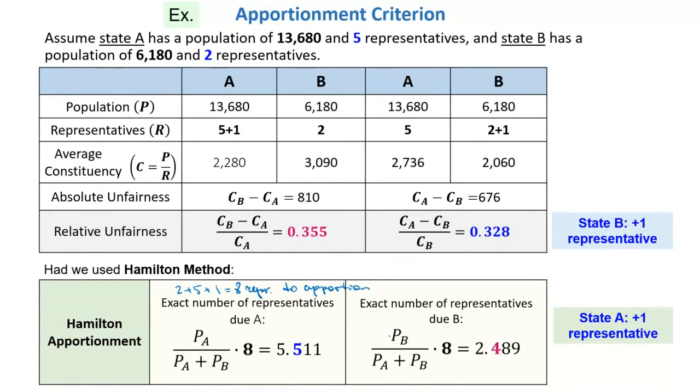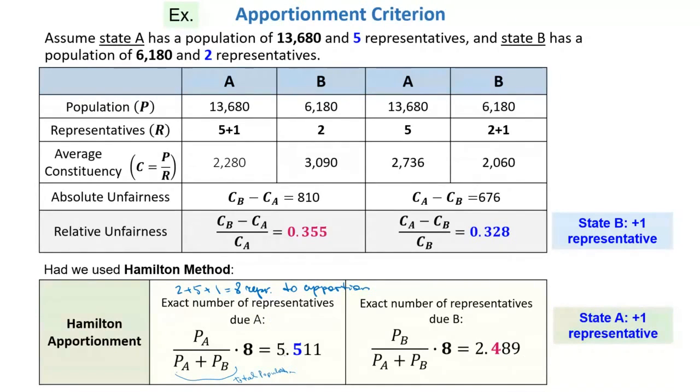The same for B, population of B divided by the total population and multiply by 8, 2.489.